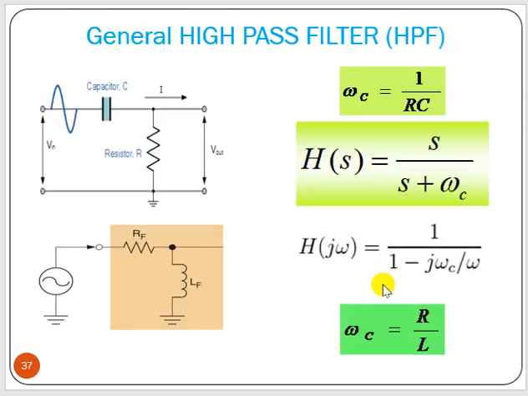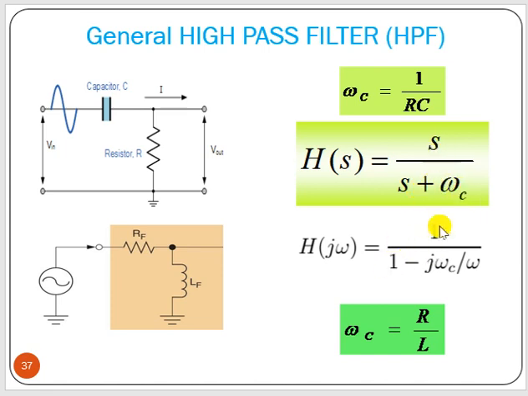So for high pass filter, what is the main point? RC circuit, now C and R, here R and L. The cutoff frequency for RC is omega C equal to 1 by RC, and omega C for RL circuit is R by L. Both are same for low pass and high pass, but for low pass the transfer function is omega C by S plus omega C, for high pass, S by S plus omega C, and here it is 1.